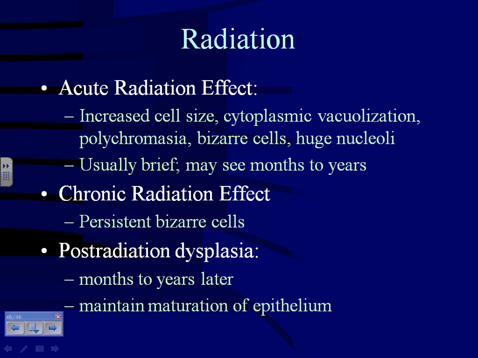Doesn't happen very often, but it is something to be wary of, and it's why patients who have gotten radical hysterectomies, radiation treatment, chemotherapy, are followed every year thereafter for the rest of their lives for the possibility of either recurrences of their cancer or new lesions like post-radiation dysplasia.